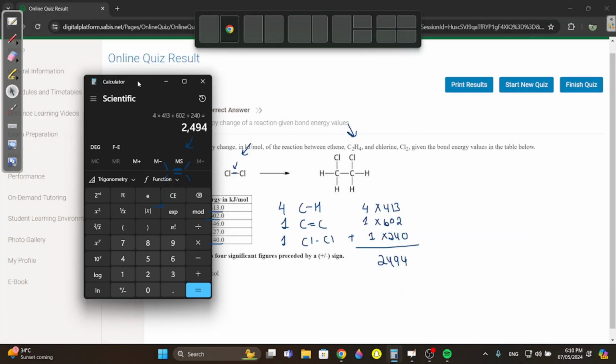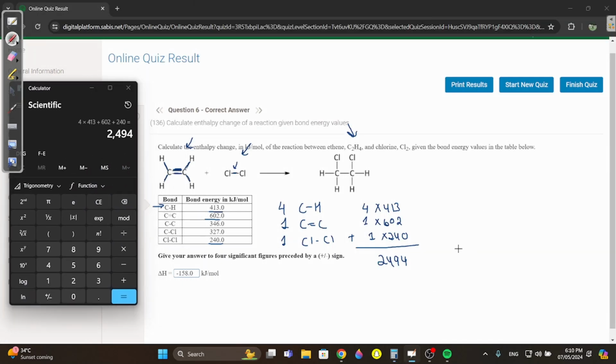So we have to subtract it by the final. Now let's look at the final. The product side, we have Cl, Cl. CCl, CCl. So we have 2 CCls, right? Then we have CH, CH, CH, CH. 4 CH bonds, right? So let's do it.